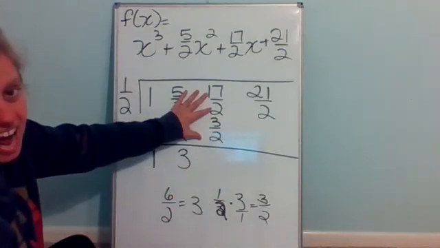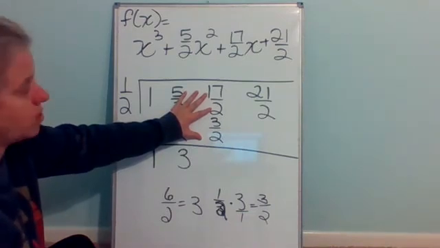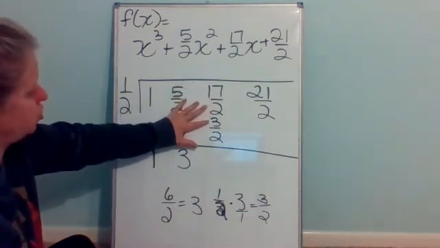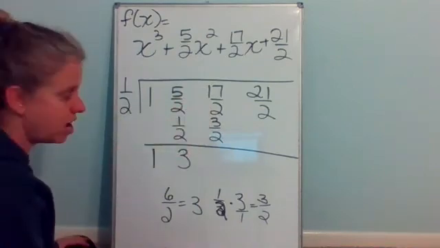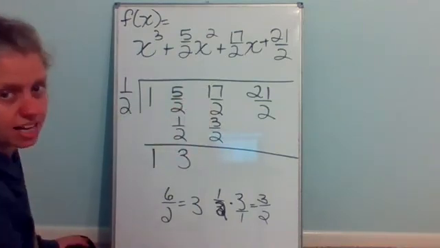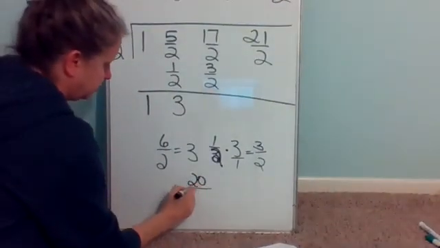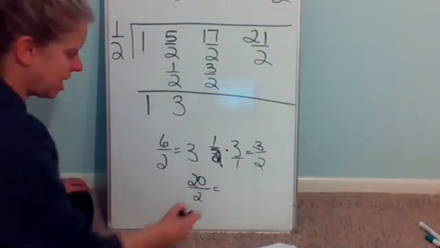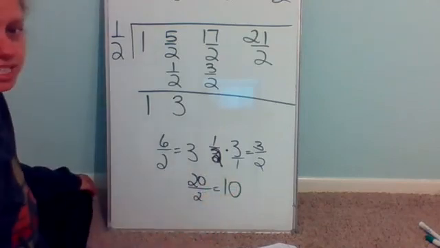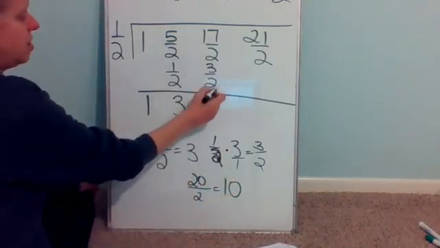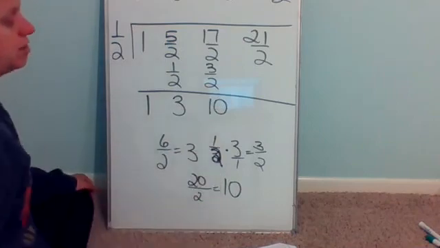So once again, you're adding fractions with the same denominator. So what do I have here? I've got 17 over 2 plus 3 over 2. And what does that give you? That gives you 20 over 2, which is actually just 10.